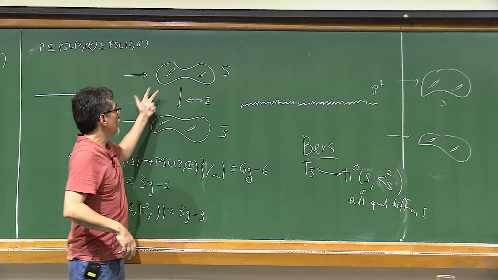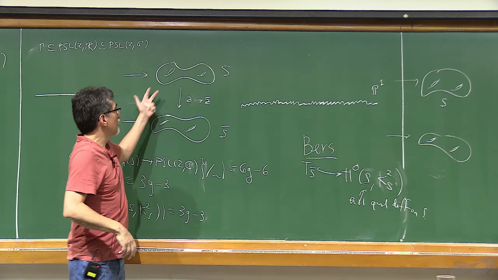And notice that every leaf of this foliation has a natural projective structure because it is a projective line, okay? So you fix the line and you move the point. It's a projective line, and it has a natural projective geometry.